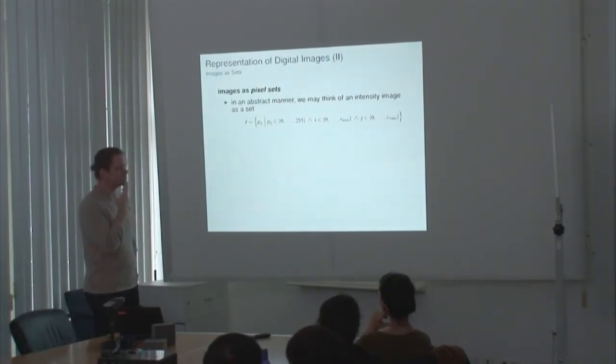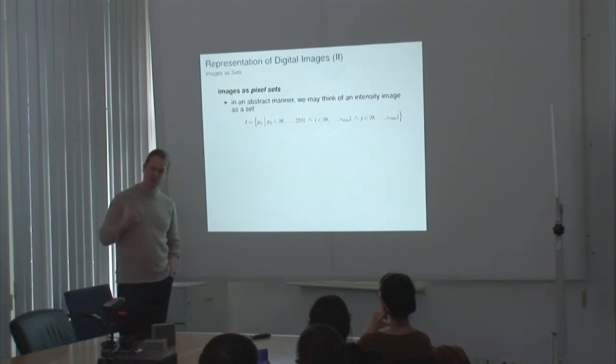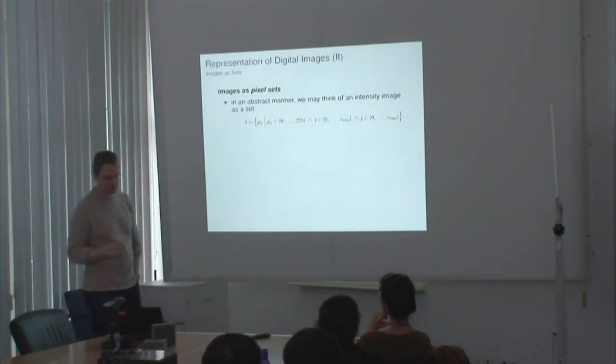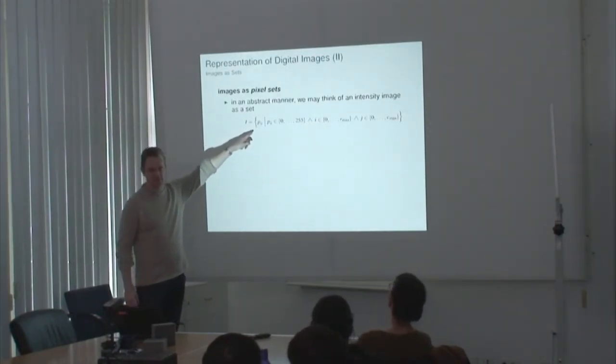Well, one very simple idea as to how to think in a more abstract manner about digital images is to consider them as pixel sets. And by that, I would refer to an image, I, as a set of pixels, Pij.